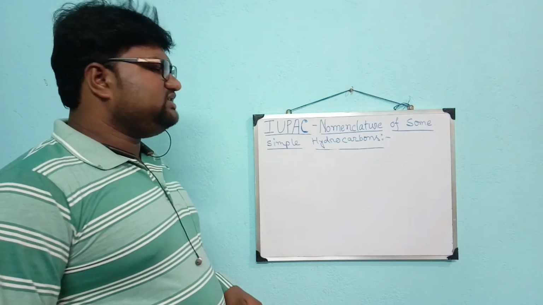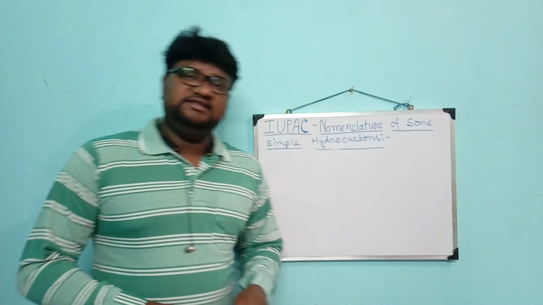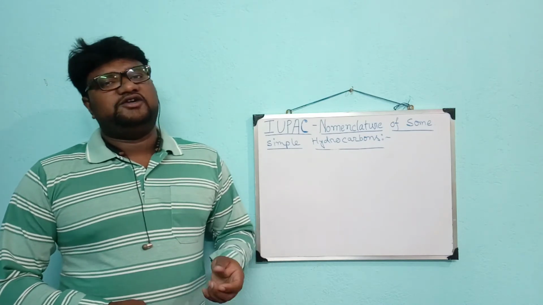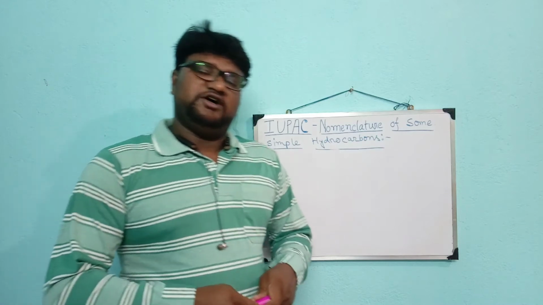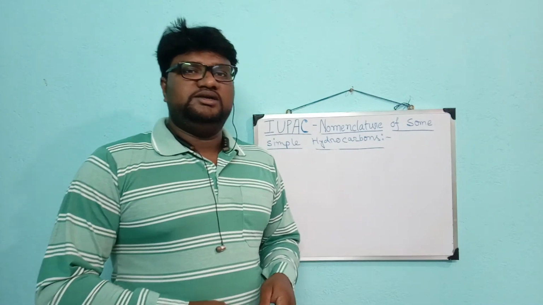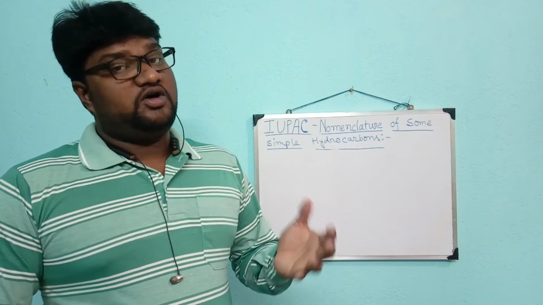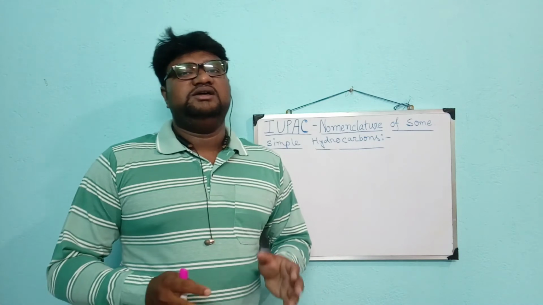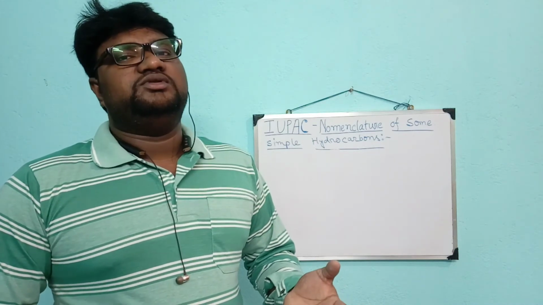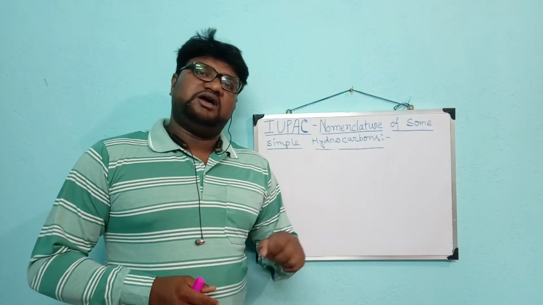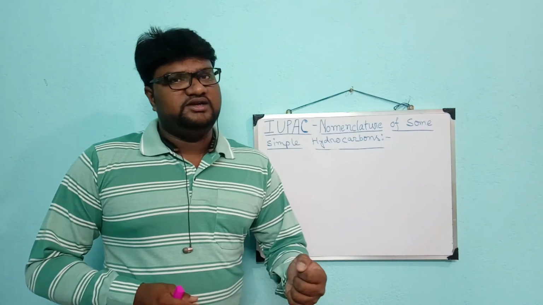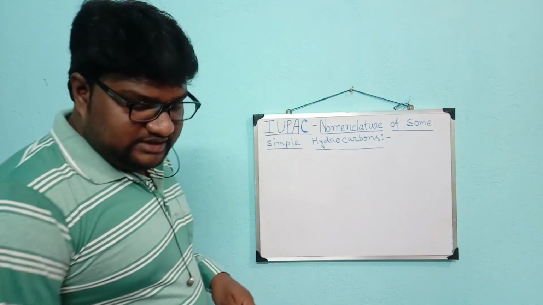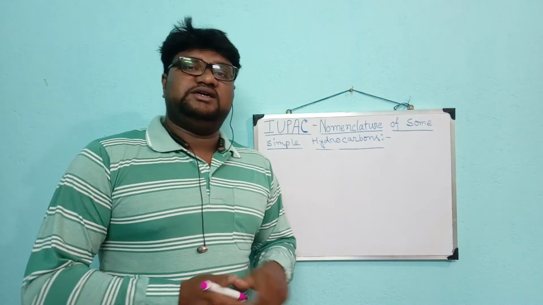If a hydrocarbon contains a functional group, then the name of the hydrocarbon should be formed from the number of carbon atoms present with prefix, the nature of the hydrocarbon, whether saturated or unsaturated, and the functional group suffix. If unsaturated, there will be some double bonds or triple bonds. Okay, let us consider a molecule which contains a functional group.